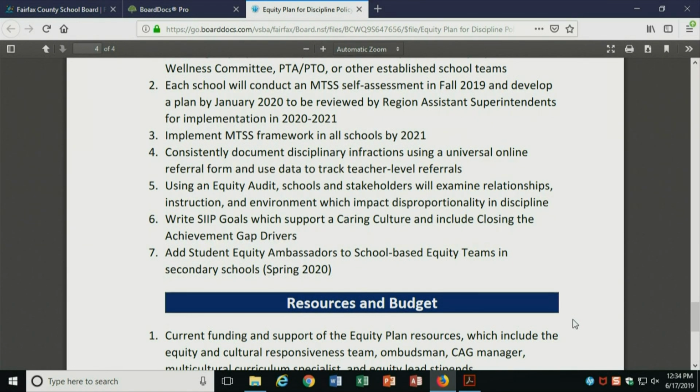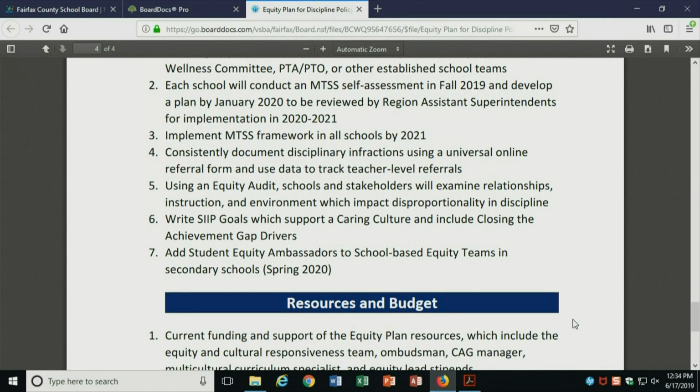The fourth one is consistently document, and the key word here is consistently. Document disciplinary infractions. We do not have a universal online referral form, but you'll see in my resources section that that's something that I'm recommending that we begin to work on.